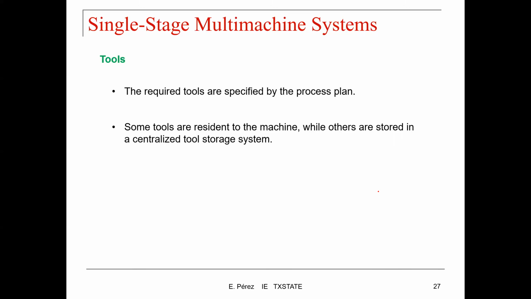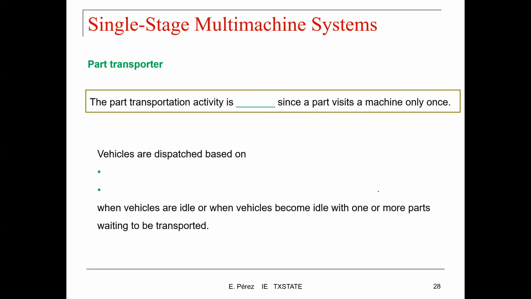The part transportation activity is minimal since a part visits a machine only once. Vehicles are dispatched based on the parts arrivals and also based on the job completions, when vehicles become idle with one or more parts waiting to be transported.